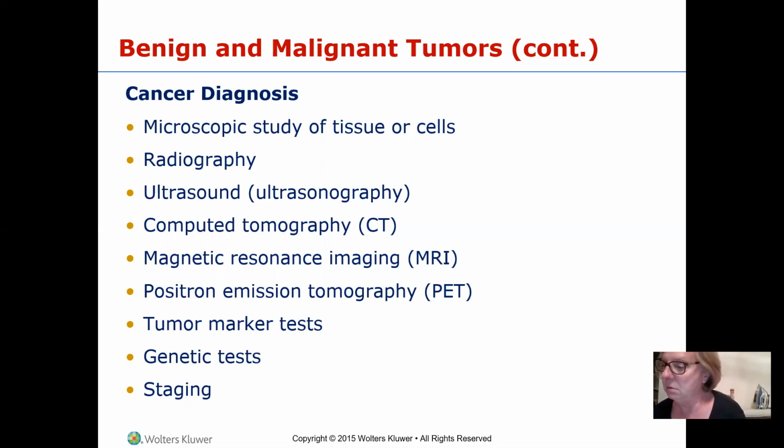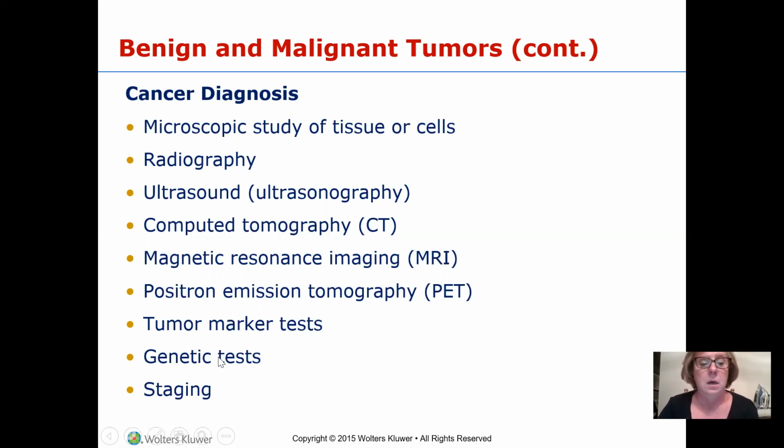Let's see what else we have here. And then the PET scan. These newer ones, the tumor marker test actually looks for enzymes because some cancers actually produce more enzymes, and so they check for an increase in the enzymes.